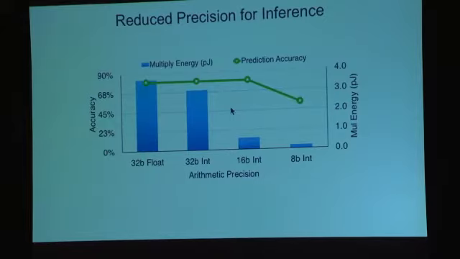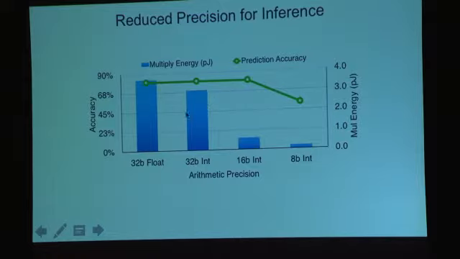So for inference, how low can I cut the weight? This is without doing the compression. This shows multiply energy on the left side for 32-bit and 16-bit, and I should have probably shown the 16-bit float for comparison, but it's about the same as the 16-bit integer.